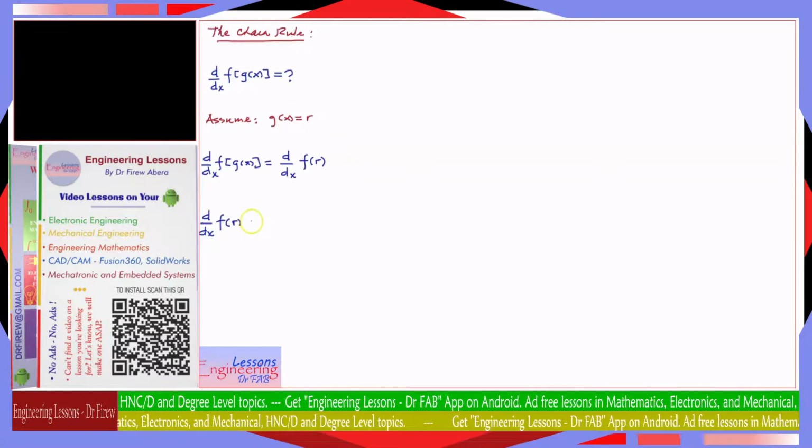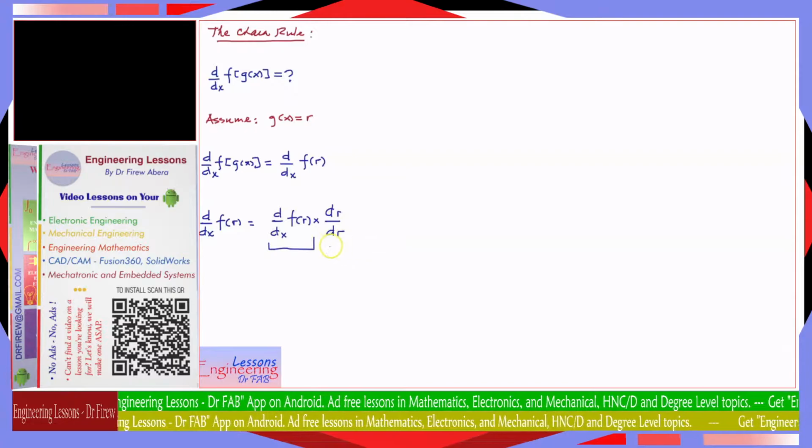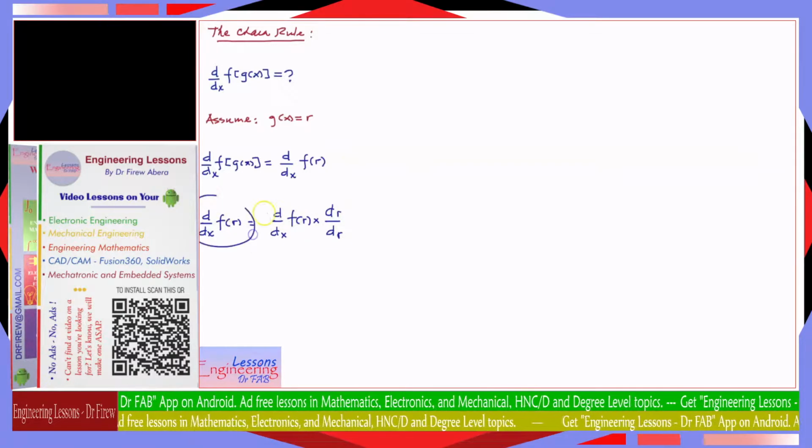This is equivalent to d by dx of f of r times dr by dr. We can do that because we're just multiplying d by dx of f of r by 1, right? So there's no change in the total meaning of the original expression.